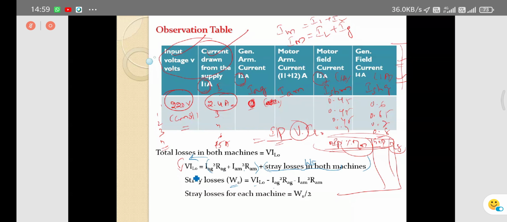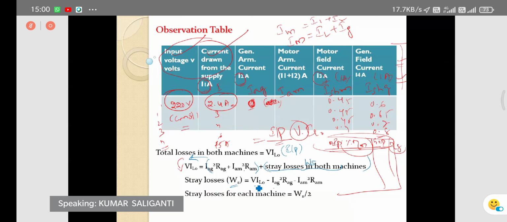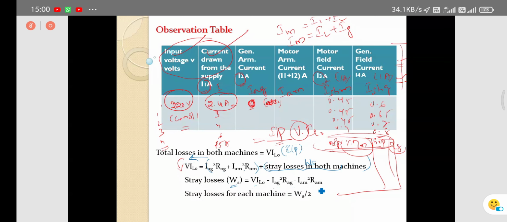Why? Because the total losses in both machines are equal to the input supply drawn by the motor. So the stray losses are equal to V into IL naught minus IAG square RAG minus IAM square RAM.